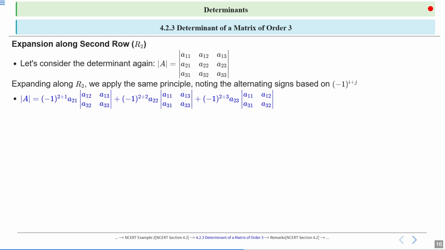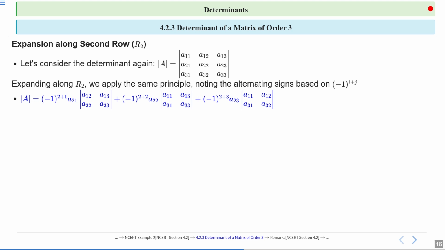For the third element A23, we multiply with minus 1 to the power 2 plus 3 into A23, and the determinant of the matrix obtained by cancelling the second row, A21, A22, A23, and the third column, A13, A23, A33.